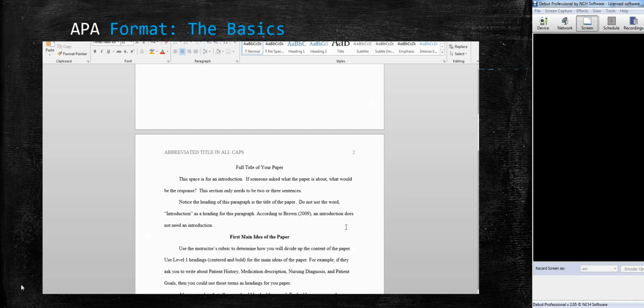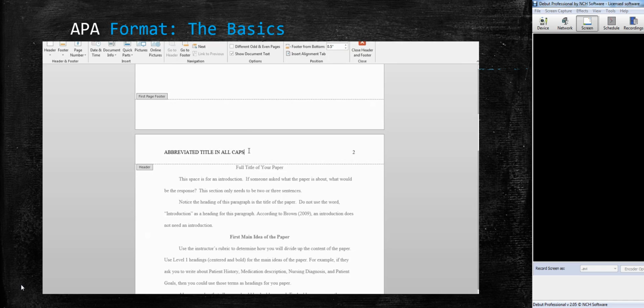Then I'd come down to the first page of actual text, or the body of my paper. Again, I'm going to have to put in my abbreviated title in all caps. And you might think you just did that. Well, remember that the header for the first page and the header for the subsequent pages are different. So make sure you have your caps lock on again and put in that abbreviated title.